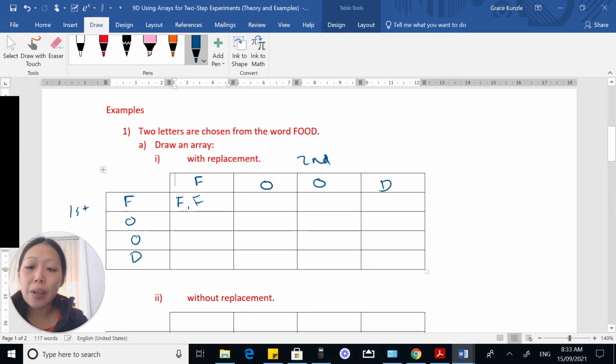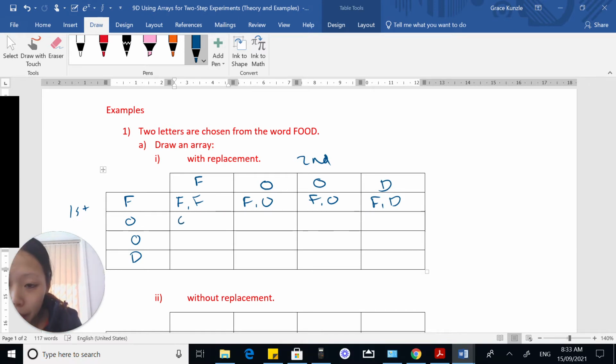If I choose F and then put it back in and then grab another letter, I can have an O as well. So I can have F, then O. Or because these are two separate letters, I can have another F and O, and then I can have an F and D. Now, if I choose an O, I can follow that up with an F, and then I can follow up with the same O, so O, O. Or I can follow it up with a different O, so O, O again, or an O, D. And you guys get the idea.